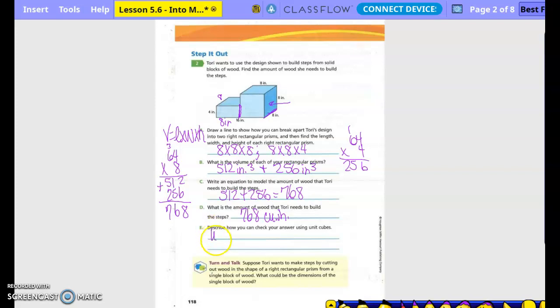So we could take, how many of those 1-inch cubes do we need? 768. We would do 768, or we could take 768 1-inch unit cubes and see if they fill the space.